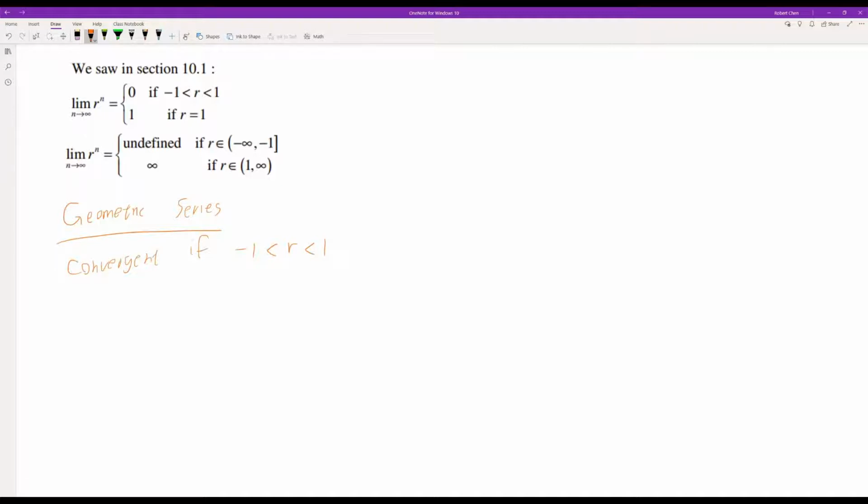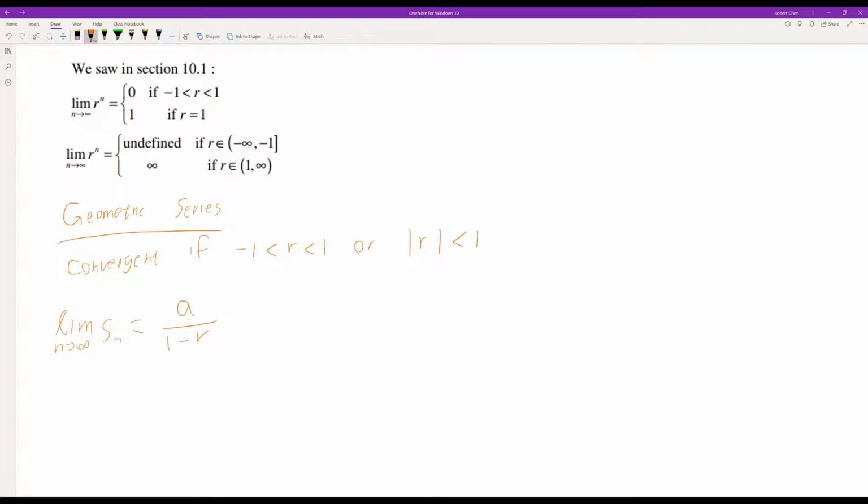So geometric series is convergent if r is strictly between -1 and 1, or if the absolute value of r is less than 1, okay? And the infinite sum has the formula a over 1 minus r.